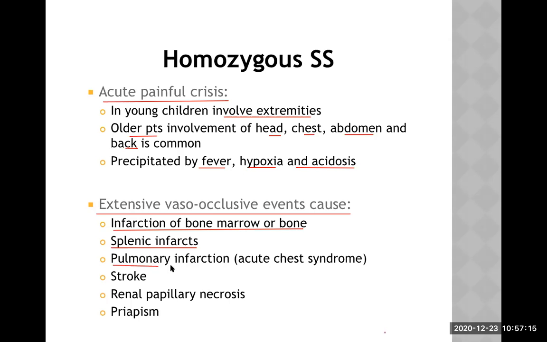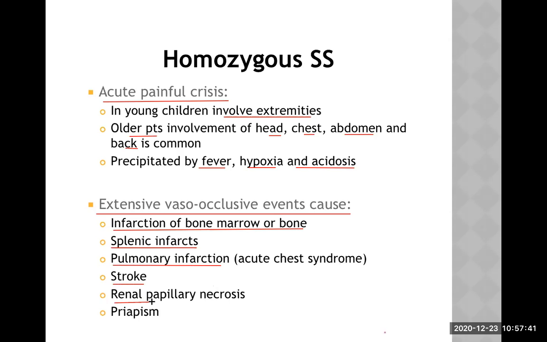There may be pulmonary infarction, which is known as acute chest syndrome. The mechanism is again the same. The blood vessels which supply some particular parts of the chest or lungs are occluded, so they suffer infarction. Stroke can happen when there is thrombosis in the cerebral circulation. Stroke is considered one of the major complications of sickle cell disease.